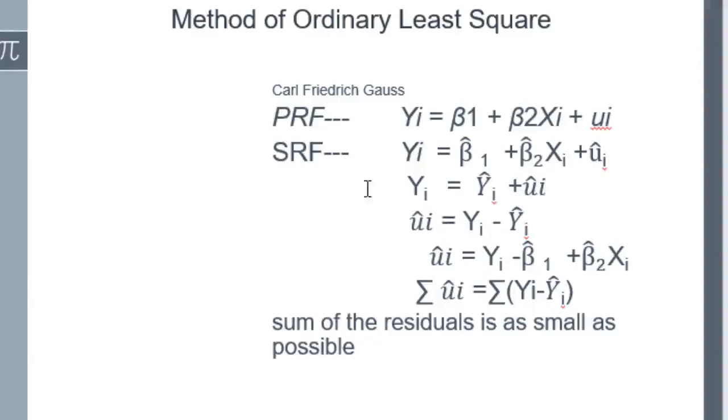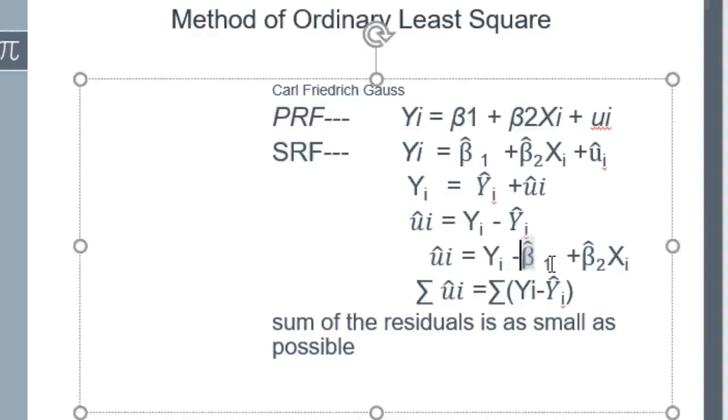And from this equation, we derive ui cap equal to yi minus yi cap, which can be elaborated as ui cap equal to yi minus (beta 1 cap plus beta 2 cap xi). That is, given n pairs of observations on y and x, we can determine the sample regression function in such a manner that it is as close as possible to the actual yi.